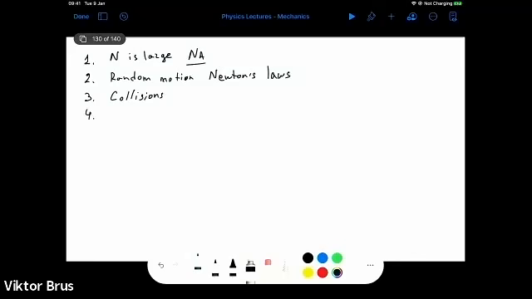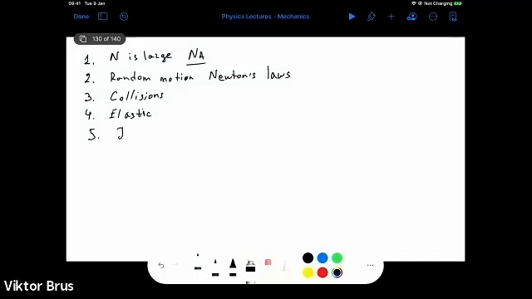Then fourth point, these collisions between molecules and between molecules and walls of the container where gas is confined are elastic. So we have elastic collisions.